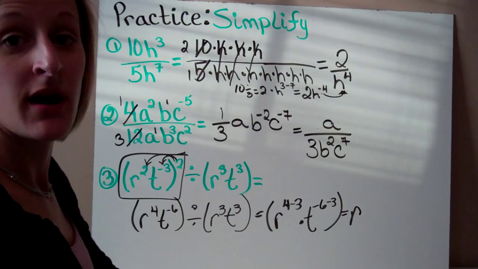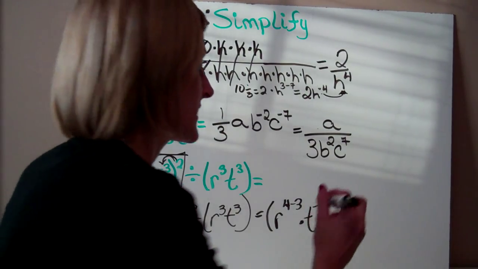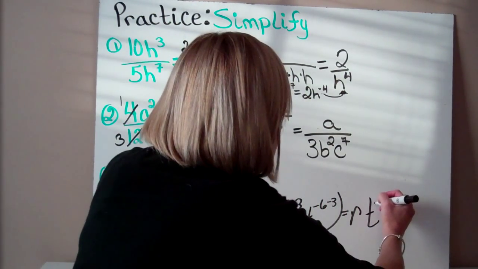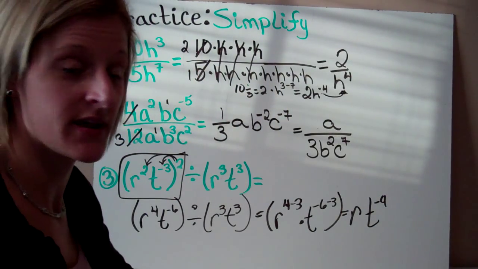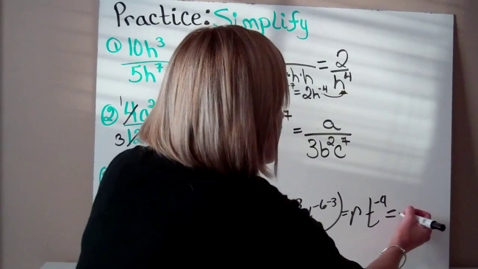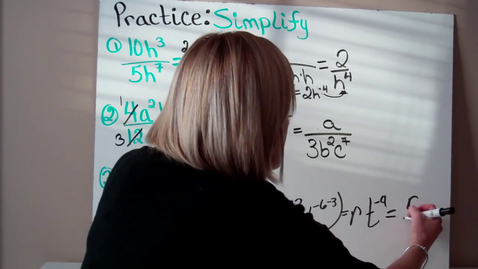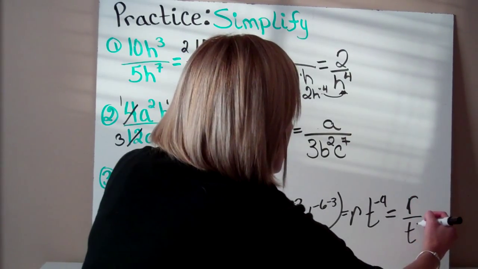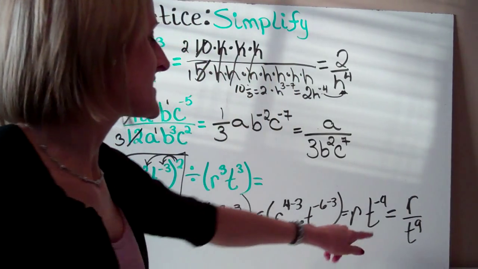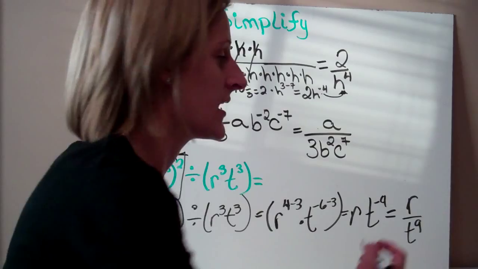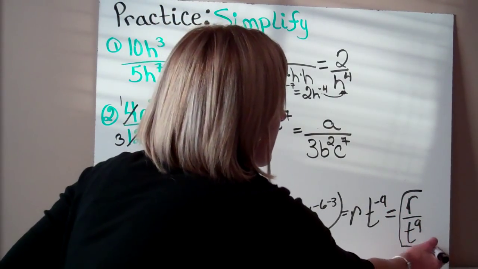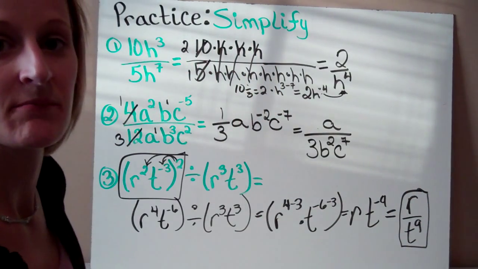Then negative 6 minus 3 is negative 9, so I have t to the negative 9th power. To write it with positive exponents, the t to the 9th goes underneath the r and becomes positive. So instead of t to the negative 9th, I have t to the positive 9th, as long as it's under r. And there is my simplified answer.